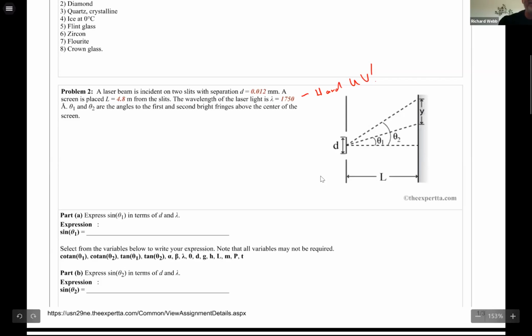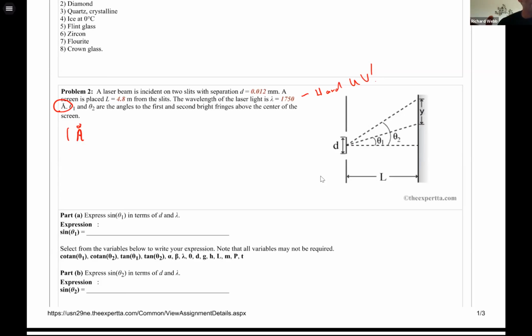Okay, so the laser has a wavelength of 1,750 angstroms. Now, are you guys familiar with angstrom at all? I've heard you say it before. Yeah, that's about right. And actually, if we're going to pronounce it right, it's a Swedish A with a circle on top, and it should be pronounced ångström.